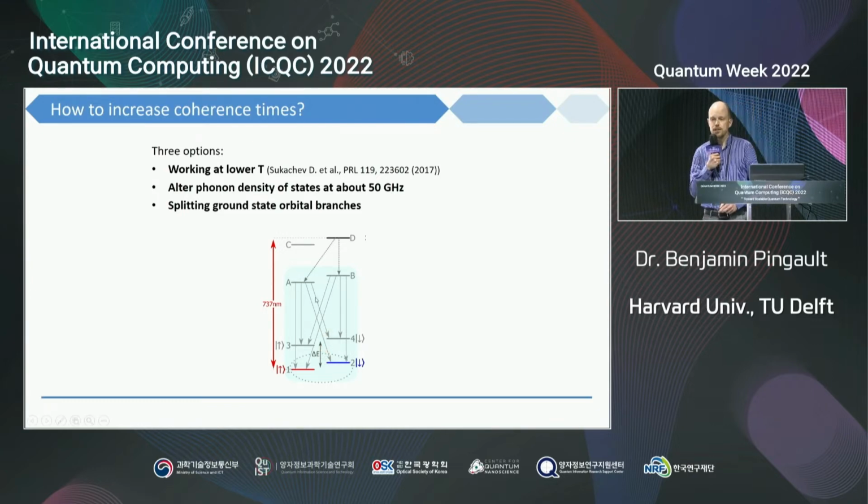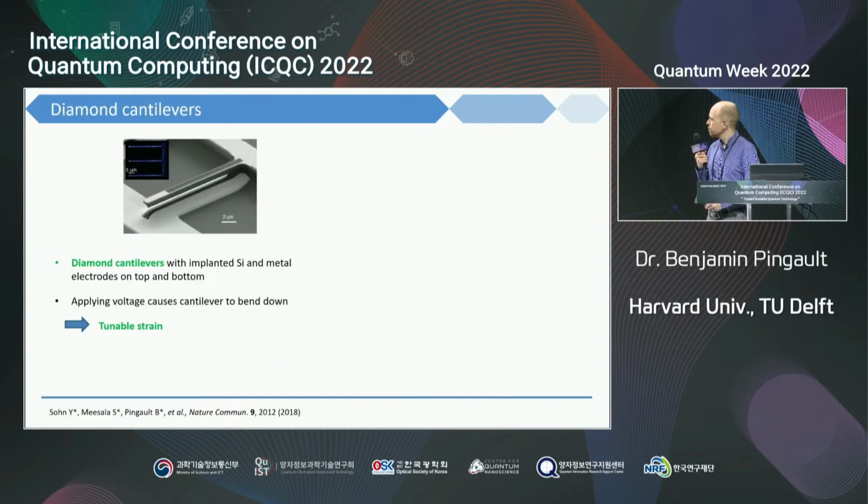That is very challenging from a fabrication point of view, because the structures that you need are about 120 nanometers maximum. Or the third option, and that's the one that we've chosen to follow here, was to split those two states, those two orbital branches further apart from each other, so that there are no phonons to excite them.